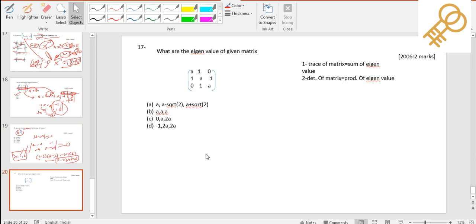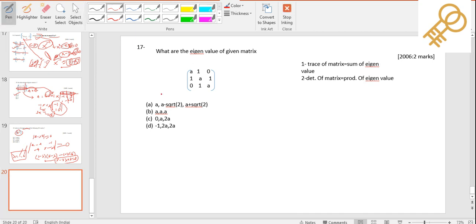So your next question is, what are the eigenvalues of the given matrix? It was asked in 2006 for 2 marks. They have given a 3 cross 3 matrix and they're asking to find the eigenvalue of the given matrix.